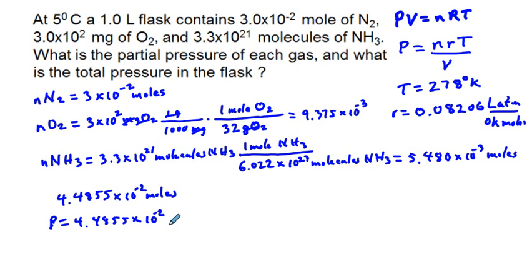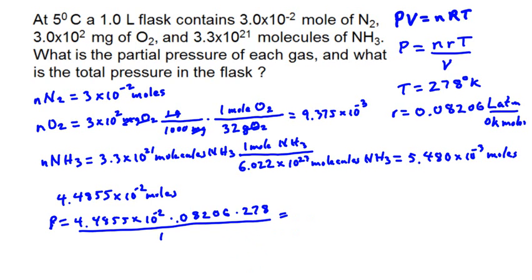I'm just not going to write down units so much here. Times our universal gas constant, which is 0.08206, and then times 278, all over 1 liter, because that's our V.